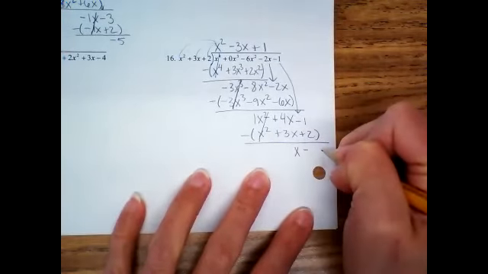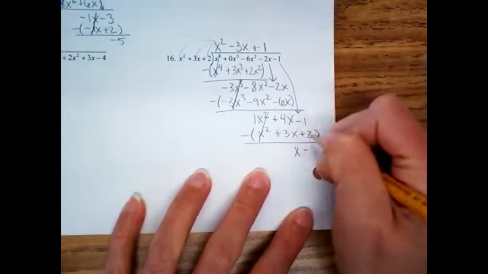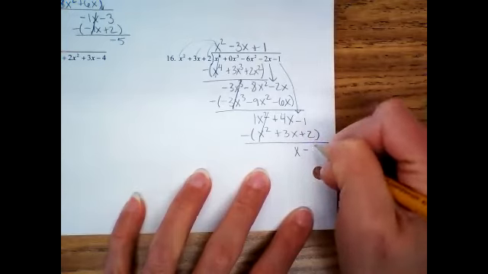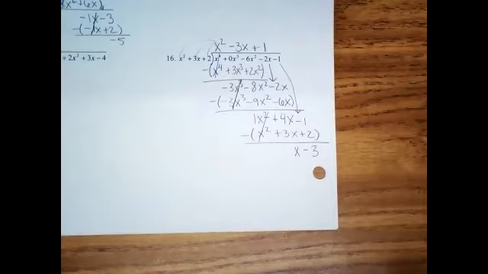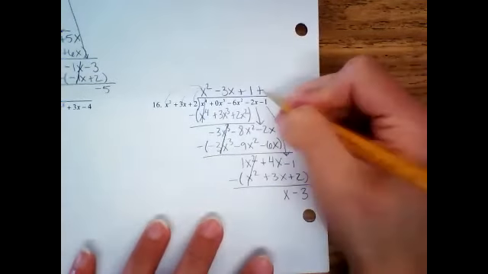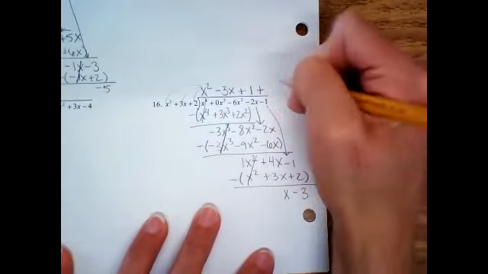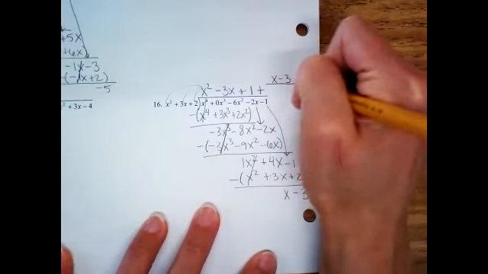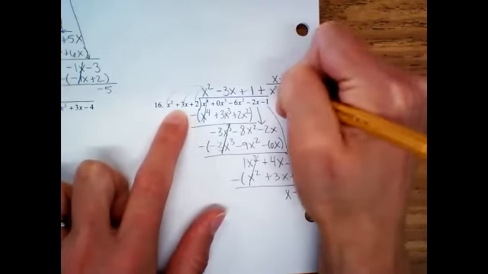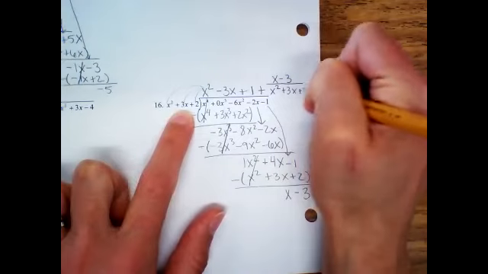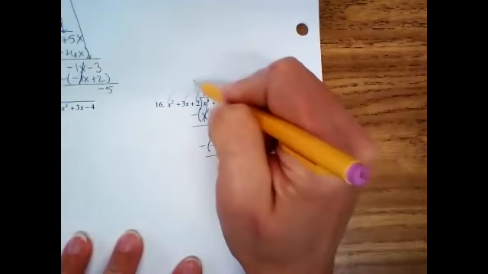X minus, good, 3. Remember, you're subtracting the 2. So here's how you're going to write it. Plus, just add on your remainder, x minus 3 over whatever you were dividing by. The divisor, which is that x squared plus 3x plus 2.